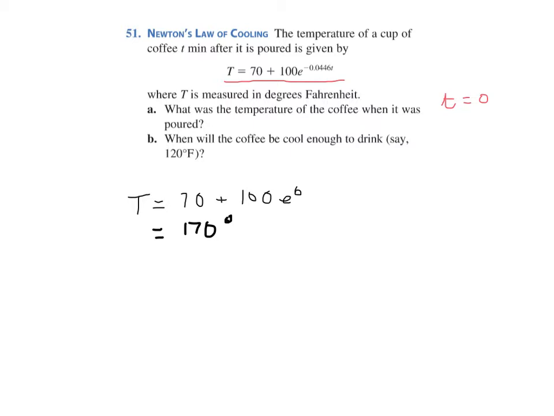Now for letter B, they're asking a slightly more complicated question. They want to know how long it's going to take before we can drink the coffee. And in their estimation, 120 degrees is drinkable. Okay, so we're going to put 120 where the capital T is, and then solve for the lowercase t.